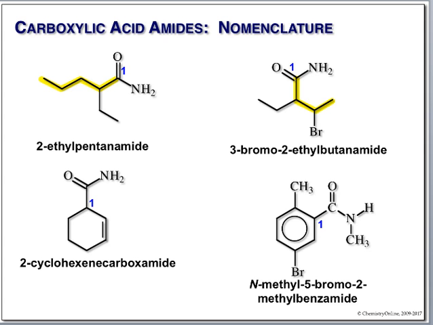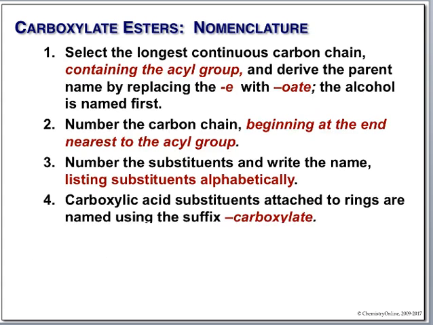Now our last 2 lab periods we have made carboxylate esters. Carboxylate esters, well, you drop the E and you make it an oate. Not oic acid, oate. You're going to stick the alcohol in front. If it's a substituent, we'll call it a carboxylate.